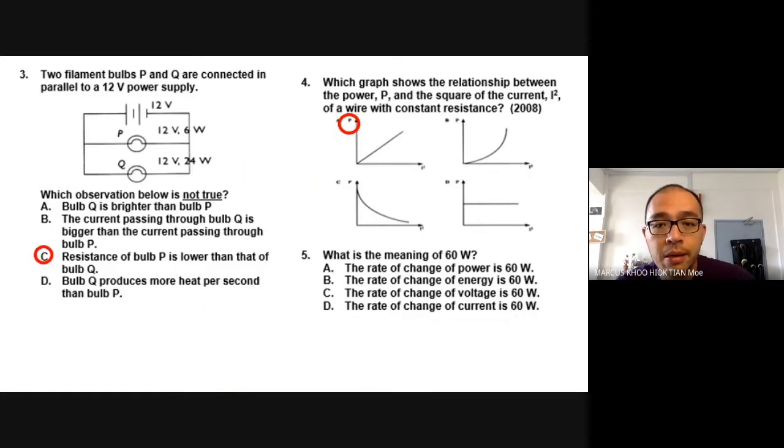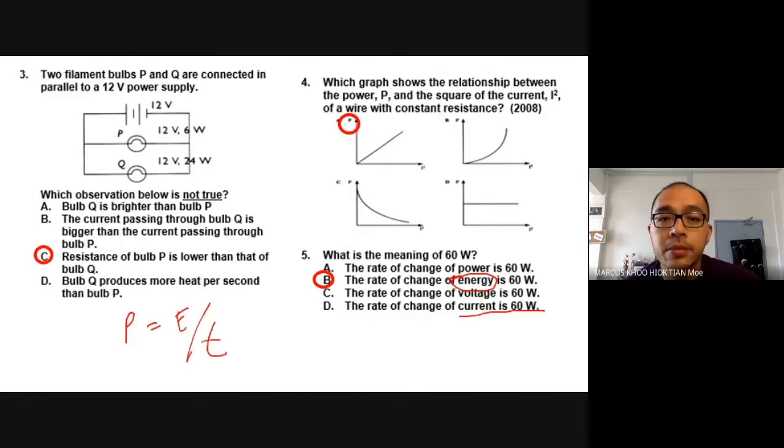All right, number 5. Daniel? D. The rate of change of current is 60 watts. No, it cannot be current. It is definitely with energy. Remember, power is energy per second.